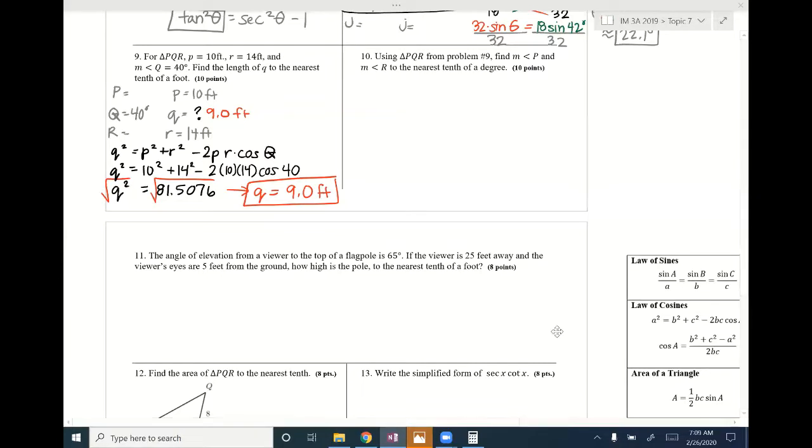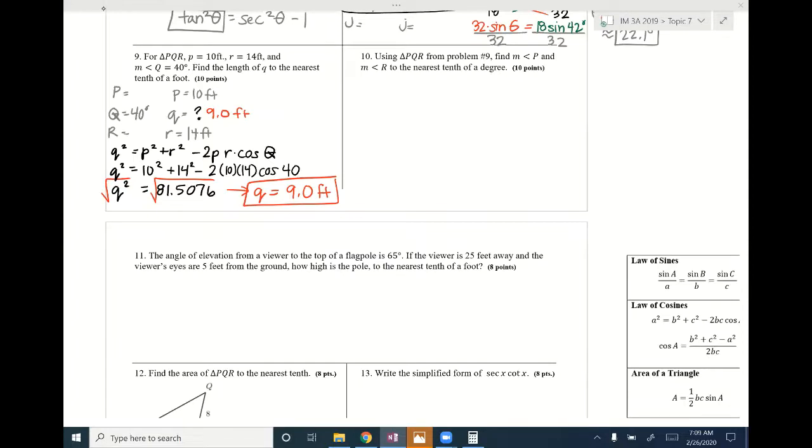So for number 10, it's asking us to use everything from the previous problem to find the measure of angle P and the measure of angle R. So I'm not going to rewrite the information. Let's just use it to solve. So in order to find P, I need all the sides.